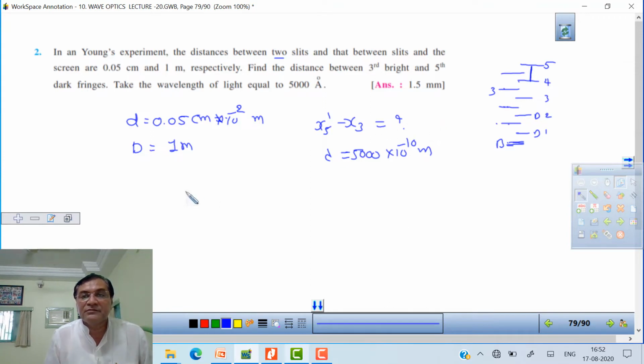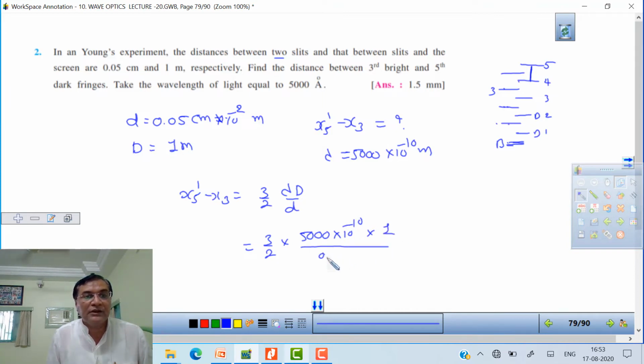So this is nothing but x5 prime minus x3, which is equal to 3 by 2 lambda D upon d. So 3 by 2 times lambda, which is 5,000 into 10 raised to minus 10, into capital D divided by small d, 0.05 into 10 raised to minus 2. So this minus 4 is going up.